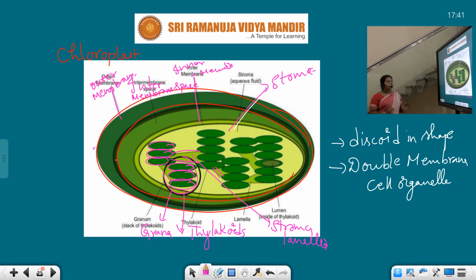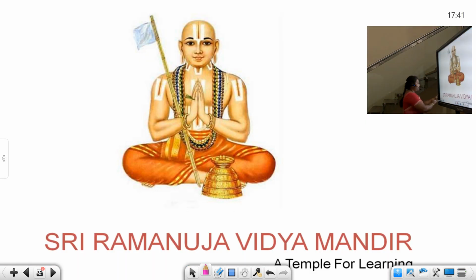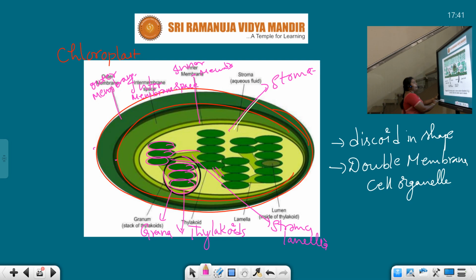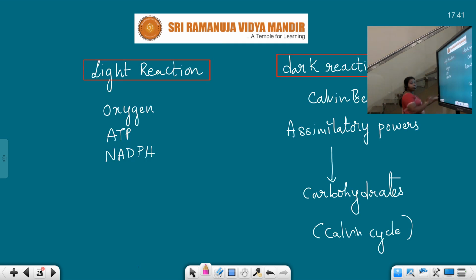Very important. Photosynthesis takes place in the stroma as well as the grana. One more important point: this photosynthesis reaction has two steps, the light reaction and the dark reaction.